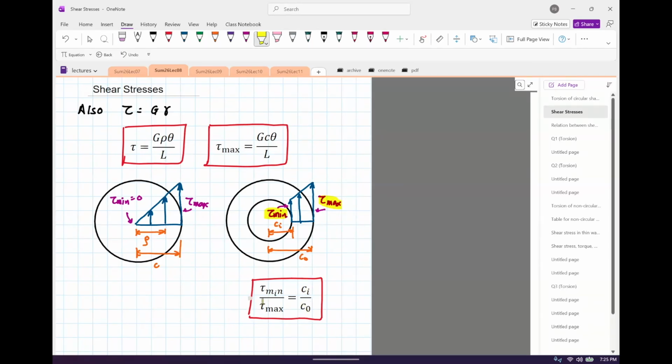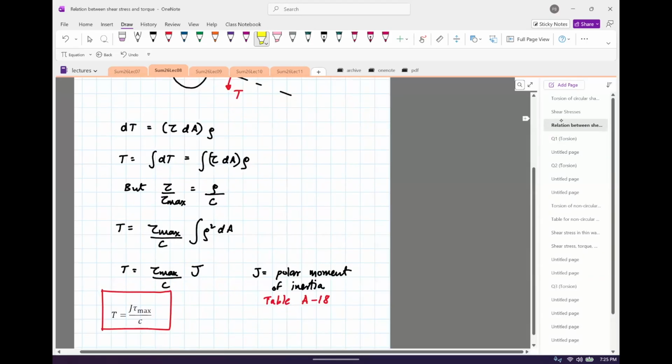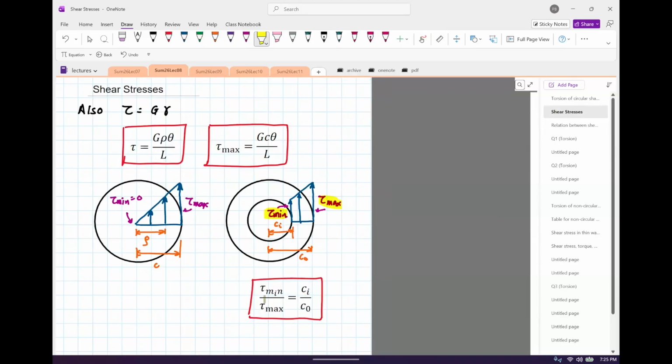If you want to find tau max in this case, these formulas are not useful because we don't know rigidity, nor do we know the angle of twist. The way we can compute tau max is through the torque relation. We just computed the torque. From that we'll get tau max, and from tau max we can use these expressions to get tau min. So that's what we'll do.